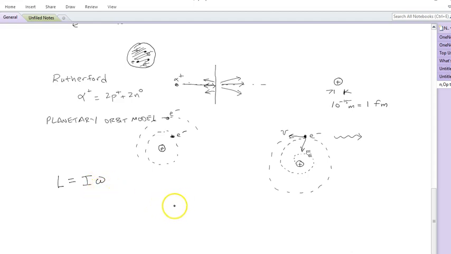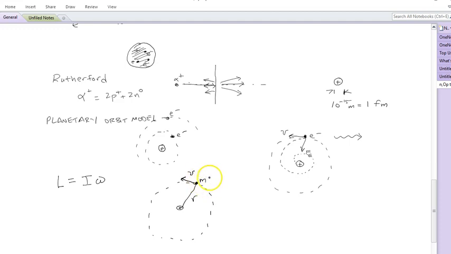But in this case, what we have is a point particle, right? So we have this electron orbiting in a circle with radius r, and let's assume it's going counterclockwise, so that would be its speed.